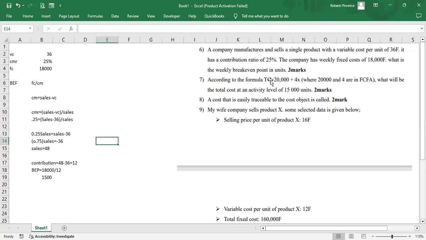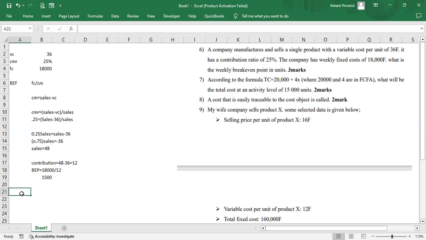And we know that with this total cost equation, this X represents the activity, right? So we are going to take this activity level, which is 15,000, and substitute where we have X here, and that will be the answer.